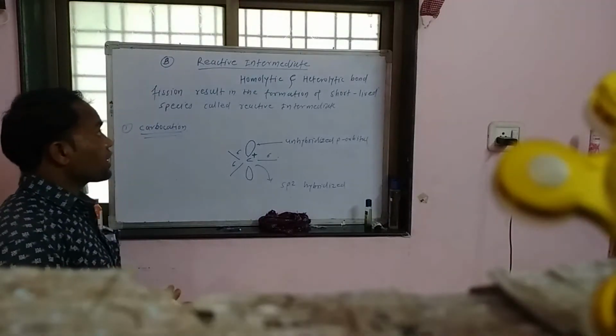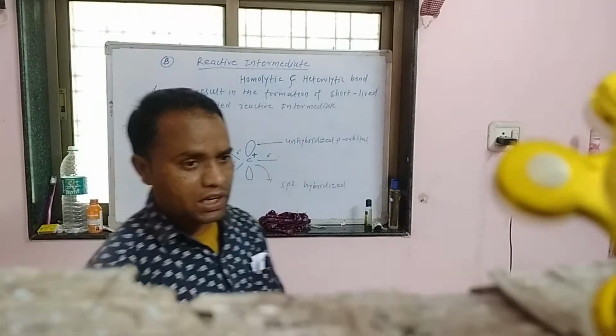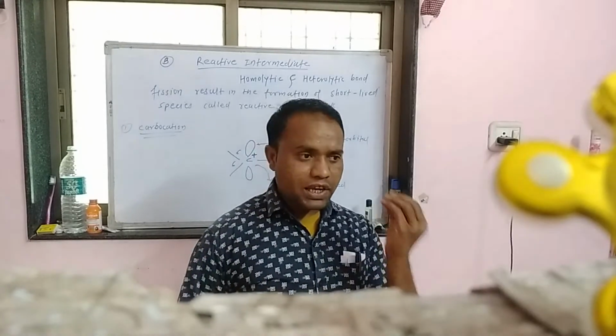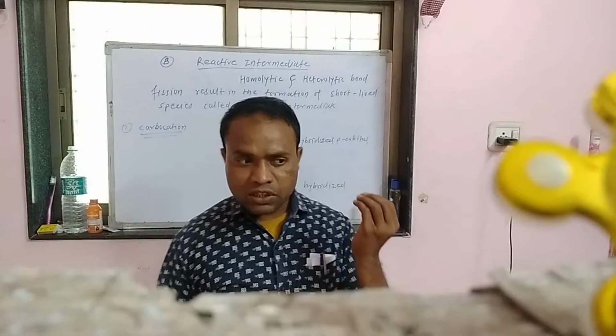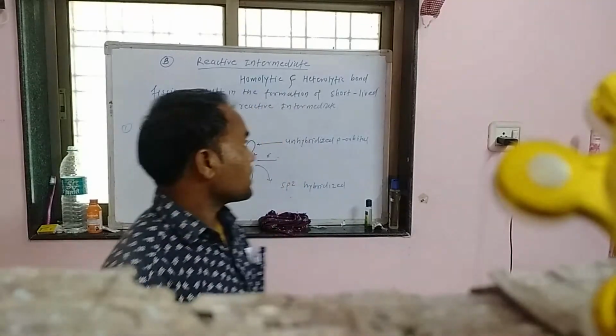This new chapter, reactive intermediates, is the most important chapter for organic chemistry because many reaction products form from reactive intermediates. A reactive intermediate is a very short-lived species that forms in between the reactant and product.